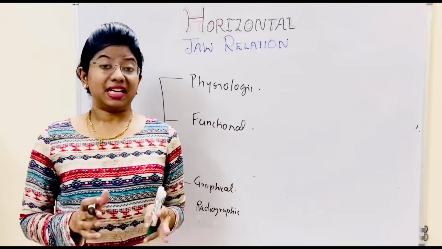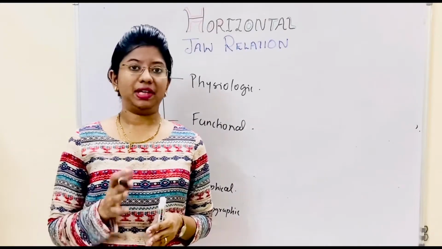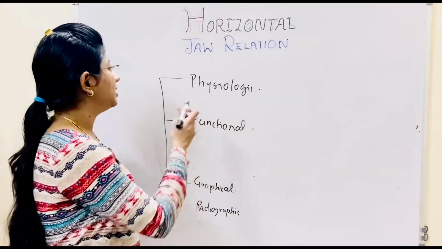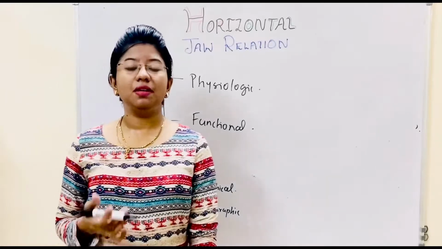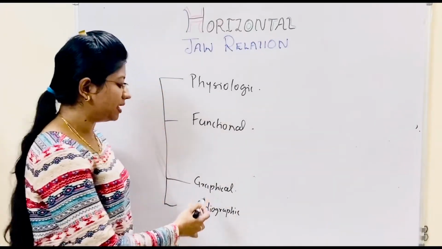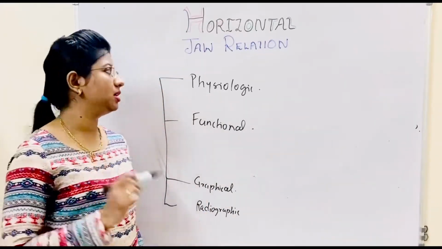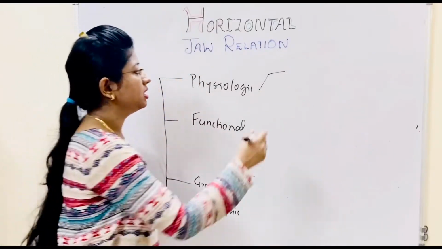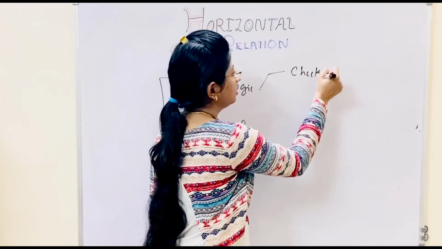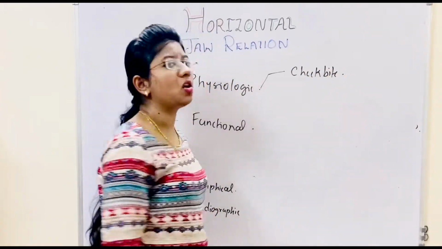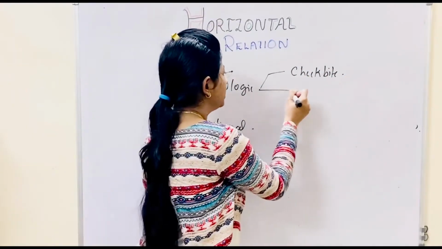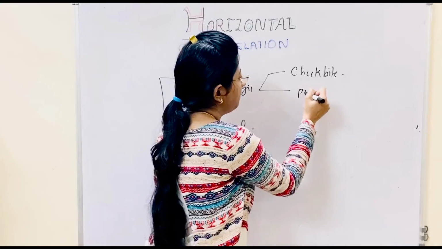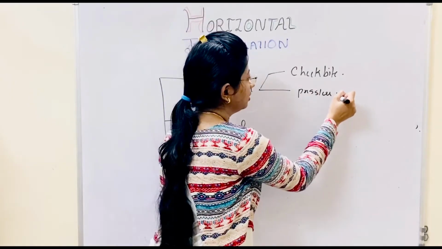So basically centric relation is divided into different types and different methods. The methods are the physiologic method, functional method, graphical method, and radiographic method. In the physiologic position, the methods are the check bite, or you can say interocclusal record. The second method is the pressureless method.